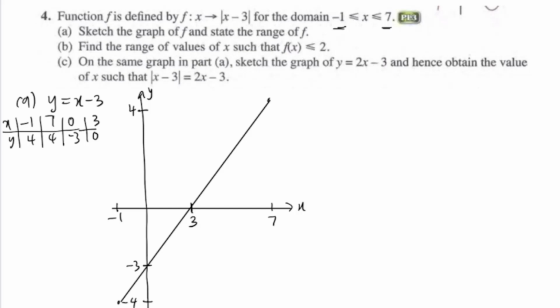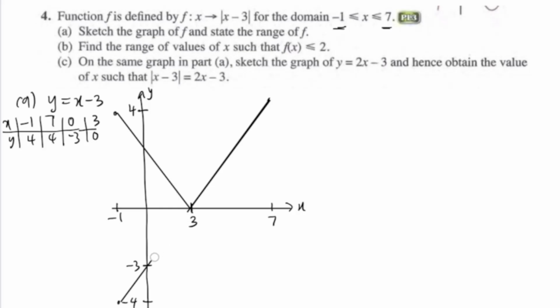But this is before you take the modulus. The moment you take the modulus, the part of the graph that falls below the x-axis is reflected up. So I'm going to draw this line here, and this line remains, can you see? And this one I will have to erase.